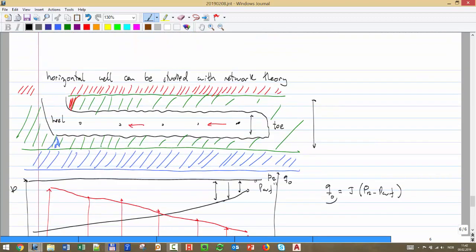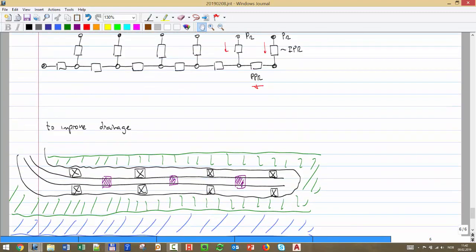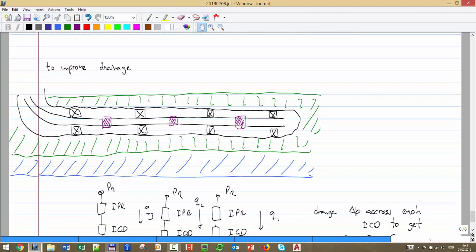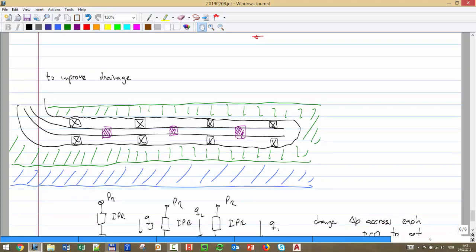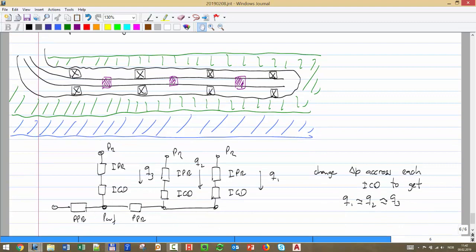Okay, this was a very simple case. I don't need any components, nothing, can be open hole, I can have just one hole. Here I have to make these packers, I have to separate, I have to put a liner inside, and then I have to put this control element, this element that I can change.